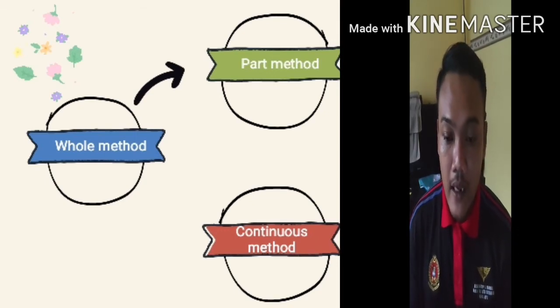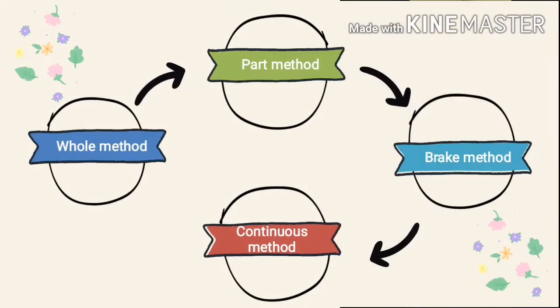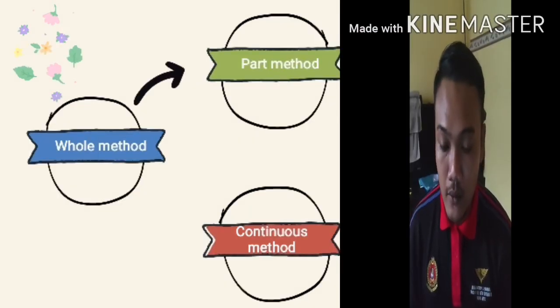Okay, for the third is break or interval method. Here the subject matter is learned by taking intervals. Learning things over a long time continuously may weaken memory. It relaxes the mind and reduces learning fatigue. So macam ni. Contoh kita dah belajar satu jam, 2 jam.